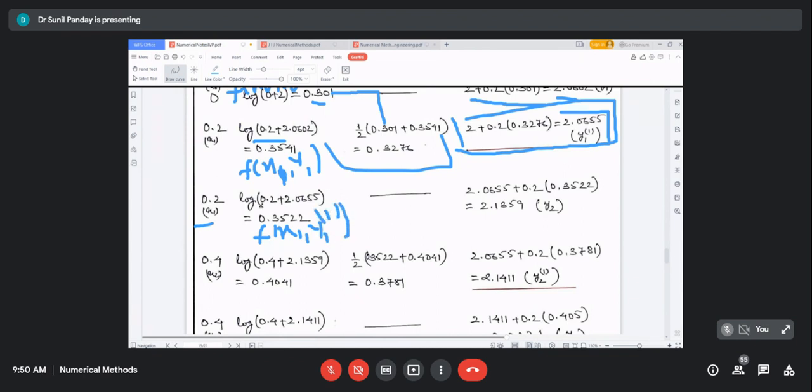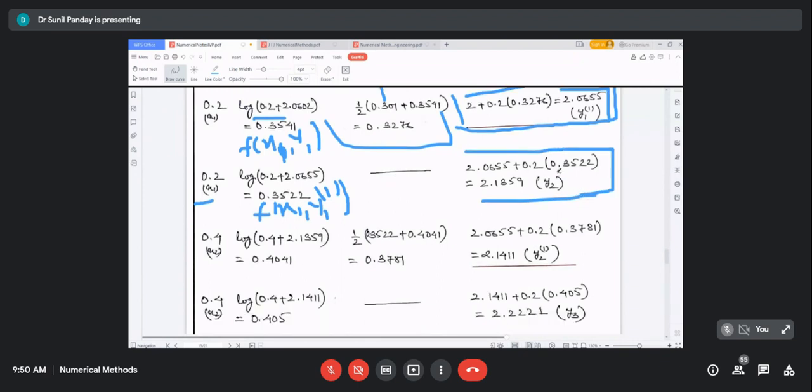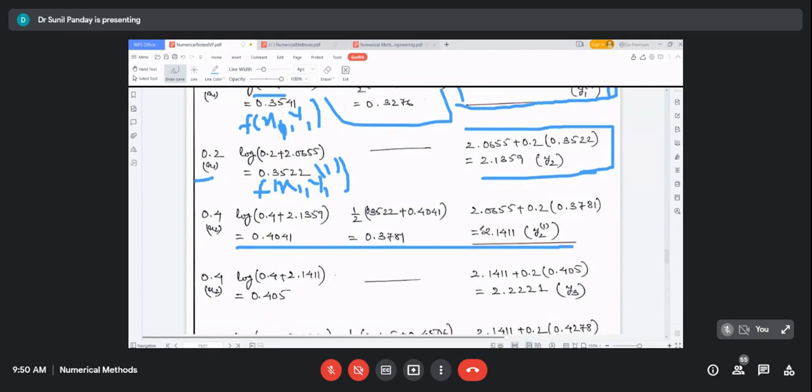And since we are calculating the value of y2 for the first time, we calculate it by using Euler's method, and then we update the value of y the first time by using Euler's modified method. Here we again take that this is a better accuracy because it is matching with the first decimal place. So we will assume this one is the updated value of y2 in the first iteration itself.